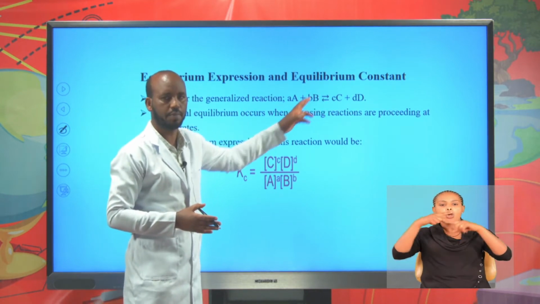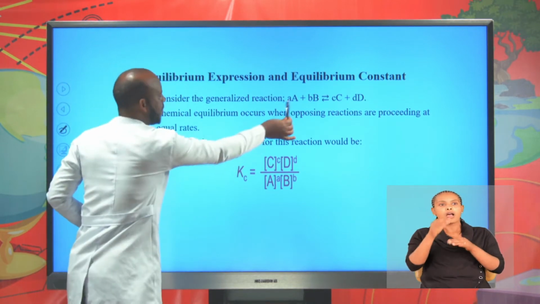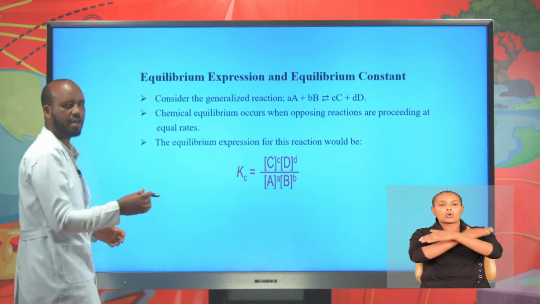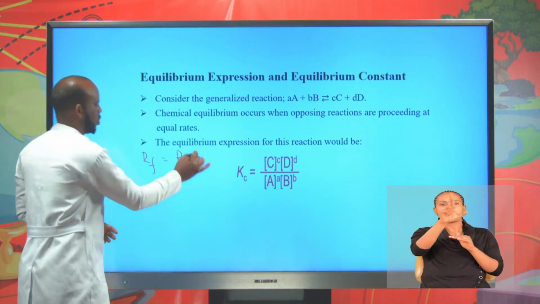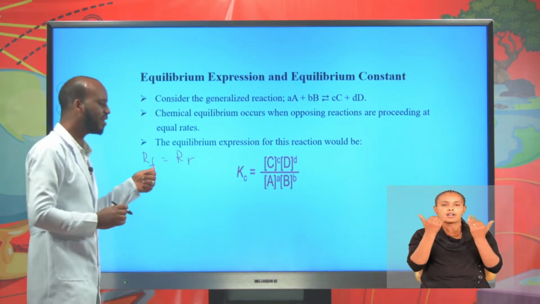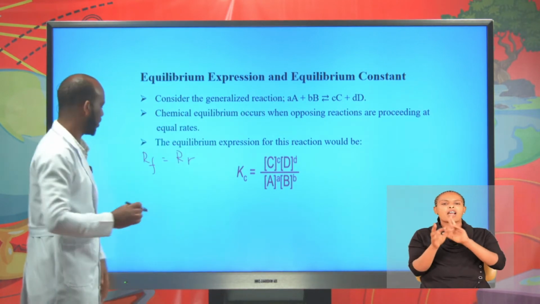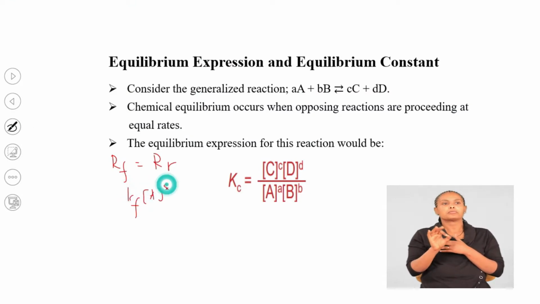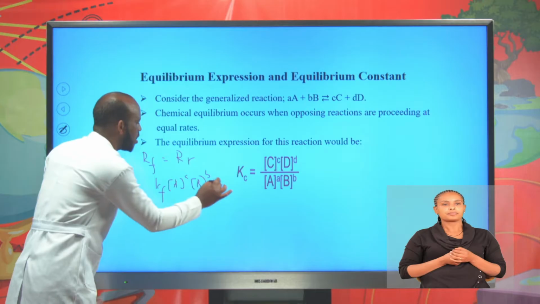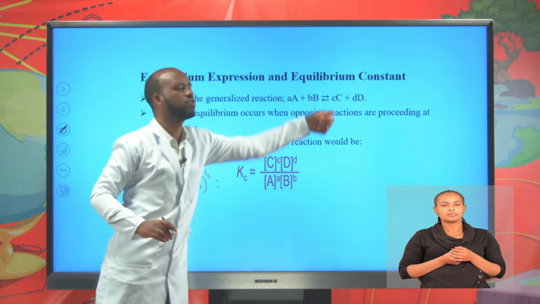A reaction is said to be at equilibrium if and only if the forward rate equals the reverse rate. The forward rate depends on the concentration of reactants. Therefore, forward rate equals k forward times concentration of A to the power a times concentration of B to the power b, which equals the reverse rate, which depends on the concentration of the products.